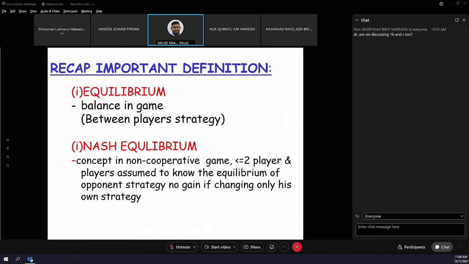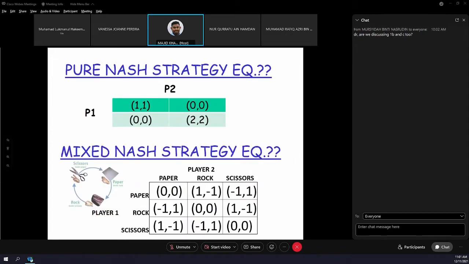But Sir Nash developed that equilibrium, saying that it's a concept in non-cooperative games involving at least two players, and players are assumed to know the equilibrium of the opponent's strategy. The opponent will have no gain by changing only his own strategy.